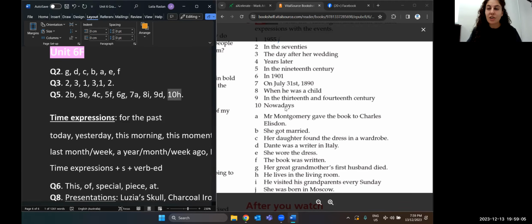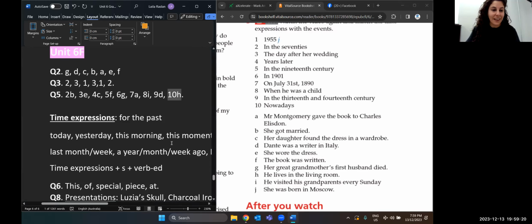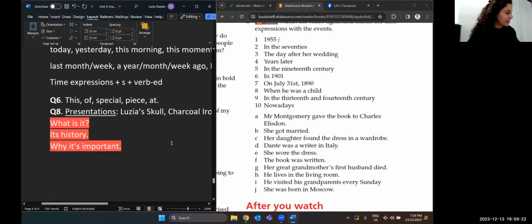So nowadays, this is going to the present simple. We know that for he, she, it, we put an S in the present simple. So nowadays, he lives in the living room. Okay, good. So we looked at some expressions.